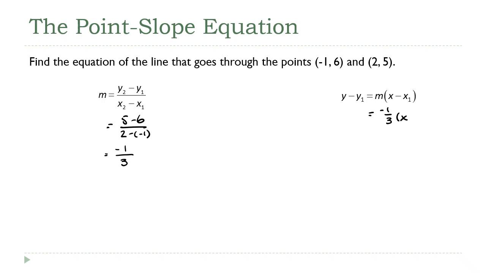And now I need to pick one of the 2 points. Doesn't matter which one, and you don't have to trust me on this. When we're done here, try doing it with the other point, and you'll see you'll get the exact same answer either way. I'm going to pick the 2, 5 point, for no other reason than both of those numbers are positive. We talked about this before in some other examples.